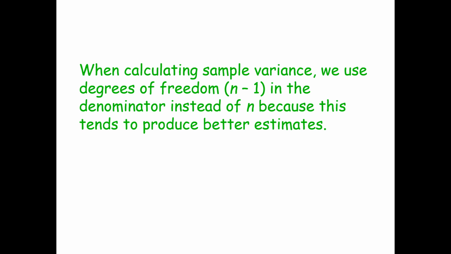And so therefore, we say that the n deviations actually only contain n minus 1 independent pieces of information about variability. And so statisticians usually express this by saying that s squared and s are based on n minus 1 degrees of freedom. But we're going to talk a little bit more about this in some future chapters as well.